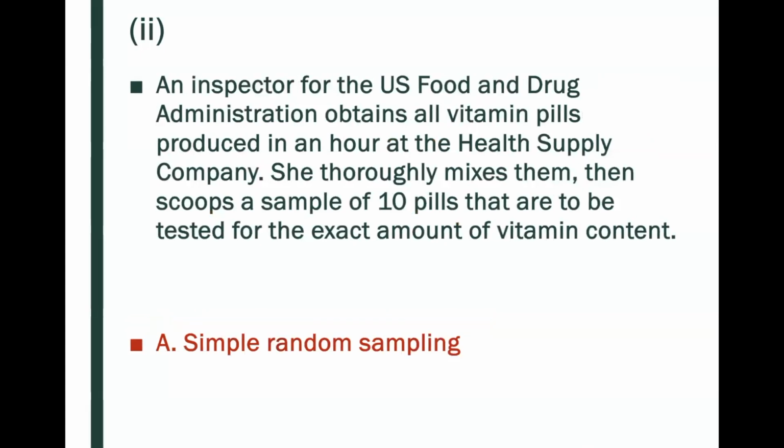An inspector for the U.S. Food and Drug Administration obtains all vitamin pills produced in an hour at the health supply company. She thoroughly mixes them, then scoops a sample of 10 pills that are to be tested for the exact amount of vitamin content. This would be an example of simple random sampling. I like thinking of it as drawing out of a hat, where you put everything in one bin or bag, shake it around, and then pull out of the bag.